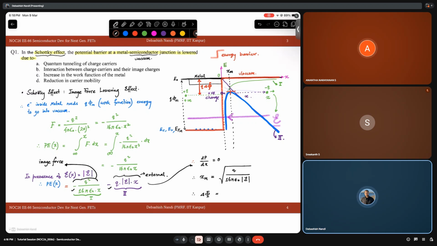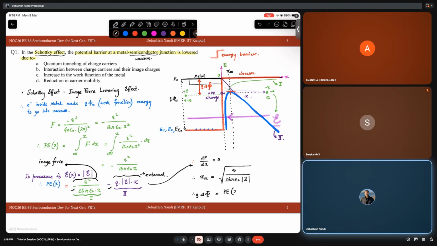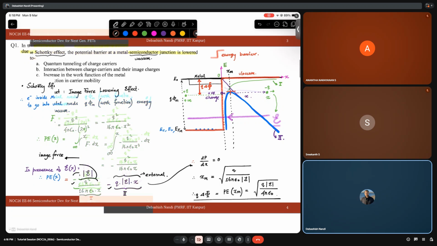We can find out the value of q delta phi at x of m, that is PE at x of m, right? And this comes out to be q modulus E divided by 4 pi epsilon 0. You can compute this, very simple algebra, right?